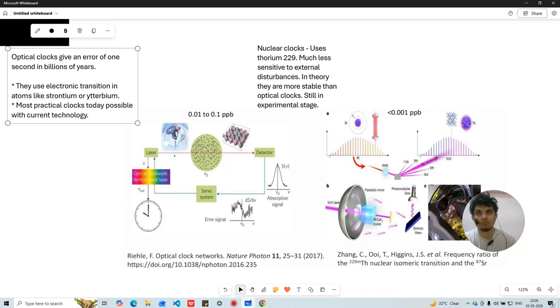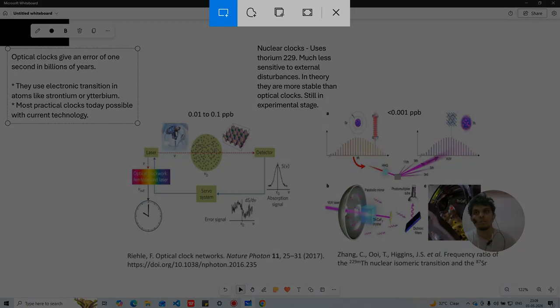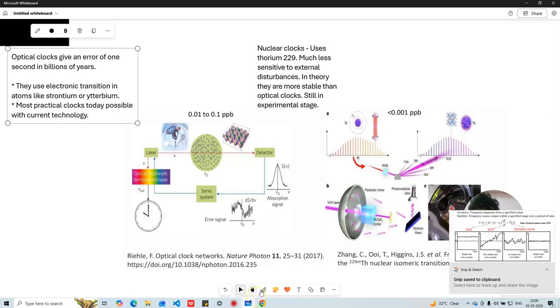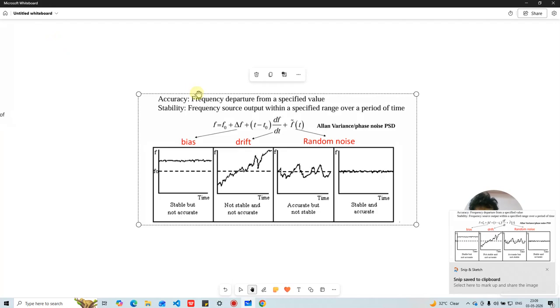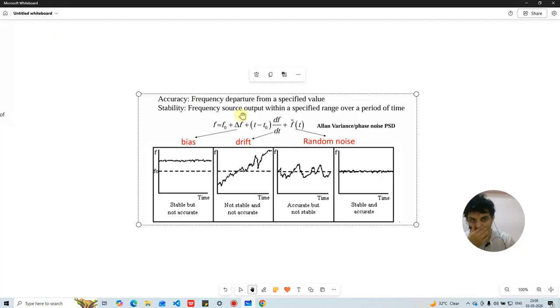I can give you a diagram directly here and explain what it says. You can see it's stable but not accurate. I want f naught.